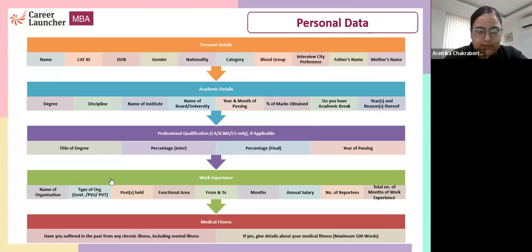And okay, so name of the organization, type of organization, and work experience. Work experience may include different things that will be considered even if you are working in your own firm. But please keep in mind if you want to showcase that, you must be considered as one of the employees.